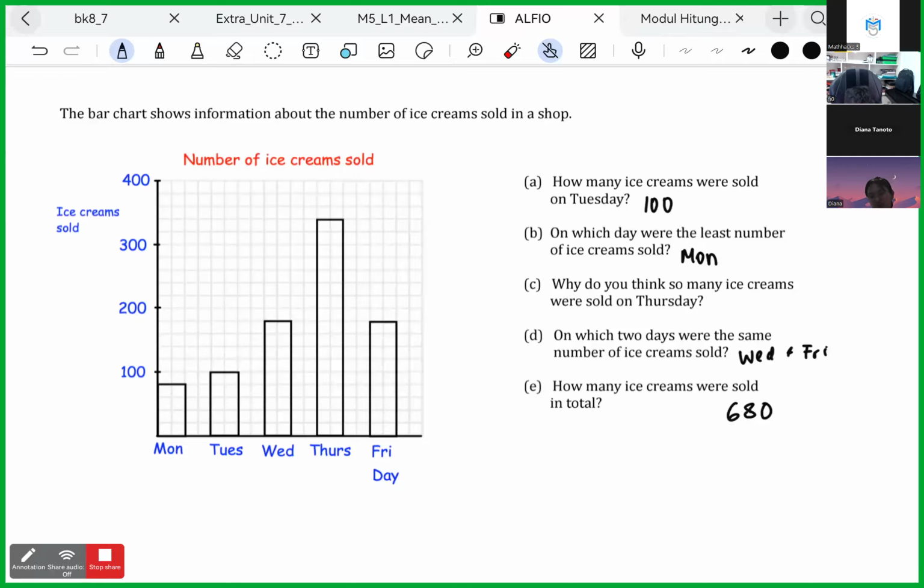Why do you think there are so many ice cream were sold on Thursday? By looking at the graph, at the bar chart.